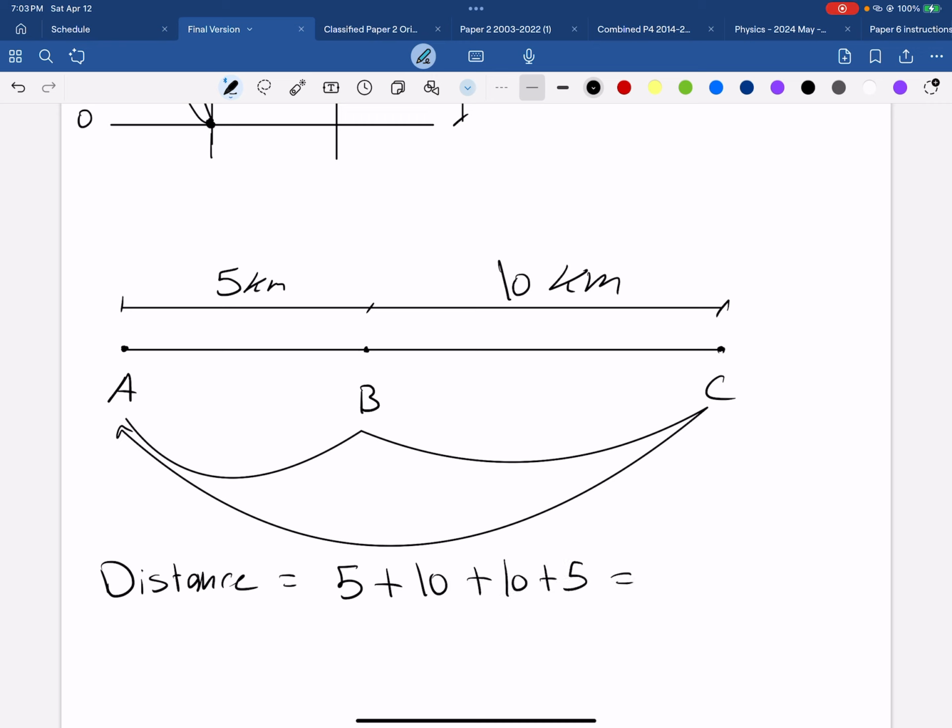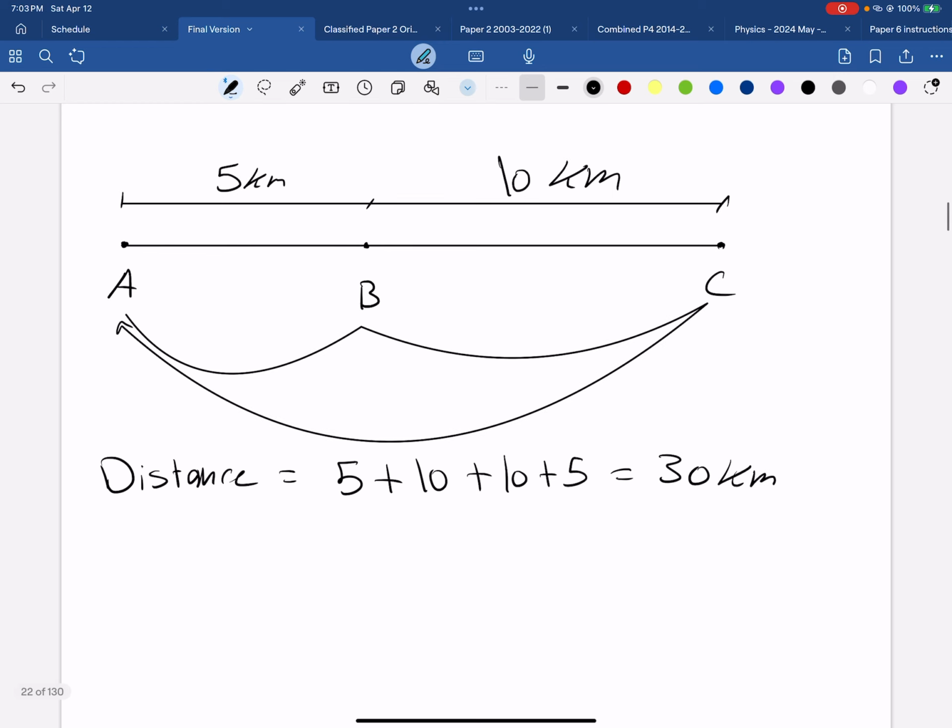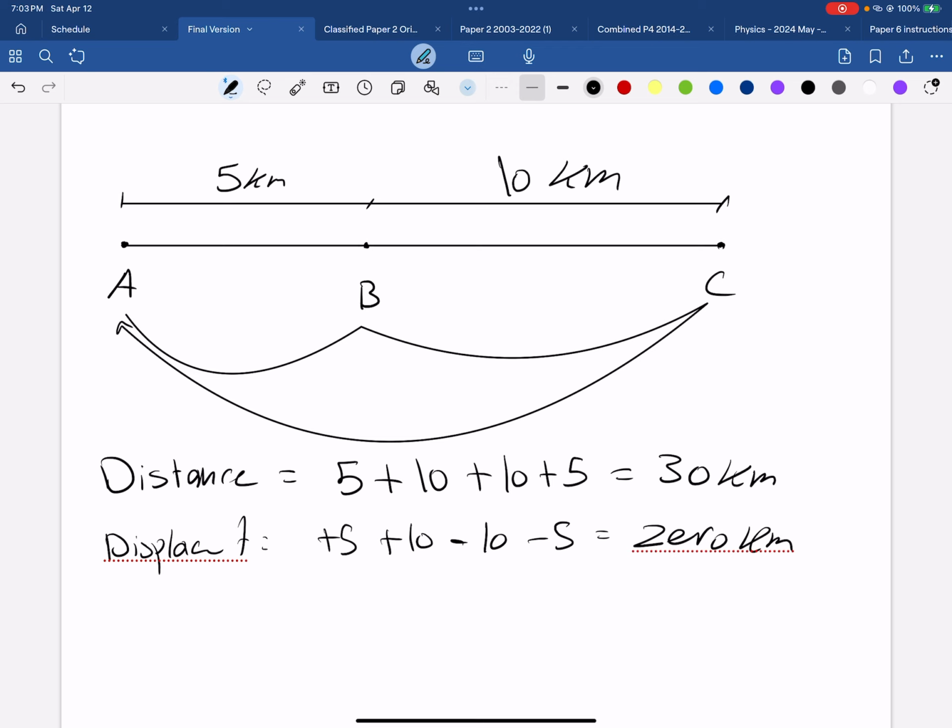So that would be actually 30 kilometers. Now for the displacement, it's just positive 5, positive 10, minus 10, minus 5. So the displacement is 0 kilometers in total. And that's the difference between distance and displacement.